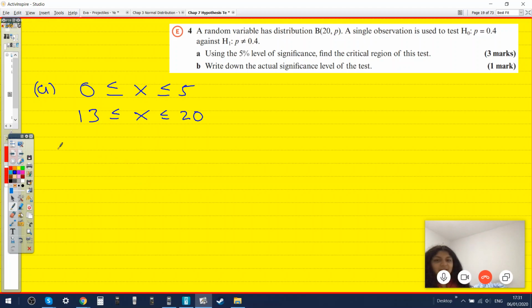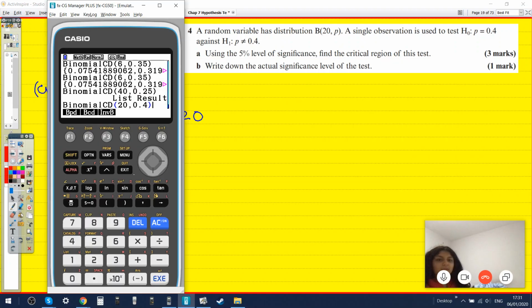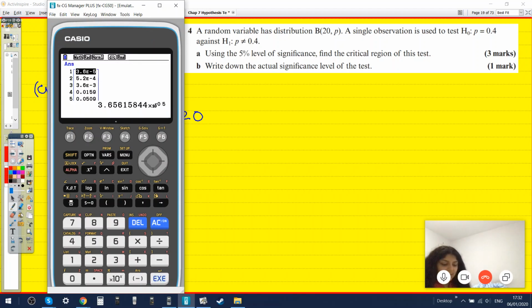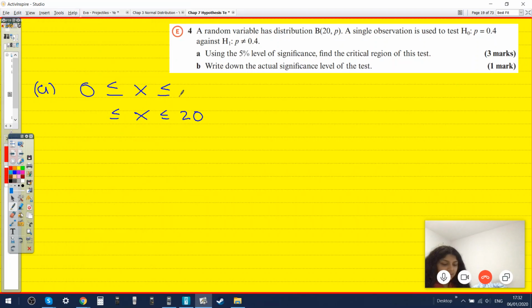Next level. Did you do 2.5 and 2.5? Oh, no, I didn't. You're so quick with that calculator. What's two? Would it be over 0.025? Yeah, it would still be the same.